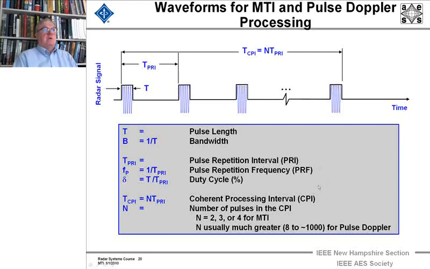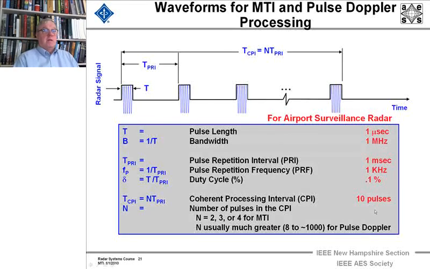So there you have the nomenclature. Now for an airport surveillance radar, these are the numbers, generally speaking, and to order of magnitude, no matter which one you grab. The pulse length is about a microsecond, and the bandwidth is 1 over that, or megahertz.